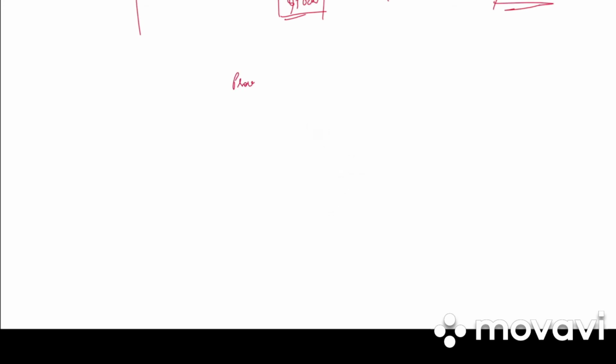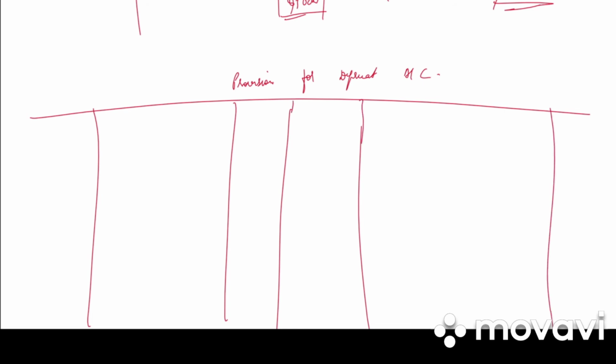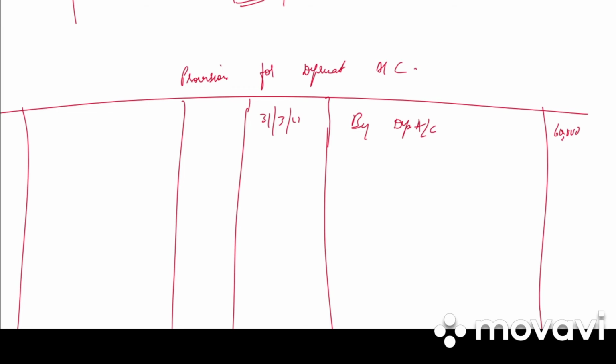Next we need to prepare provision for depreciation account. On 31st March 2011 by depreciation account 60,000. 31st March to balance carried down 60,000. How 60,000? It is 6 lakh into 20 by 100 into 6 by 12, as purchased in October, so October, November, December, January, February, March, six months.